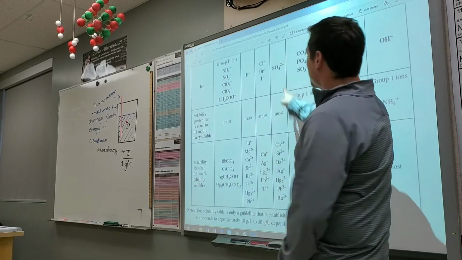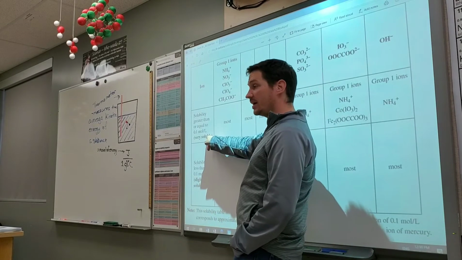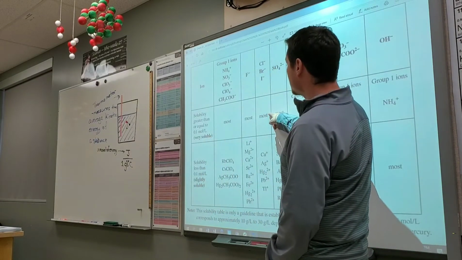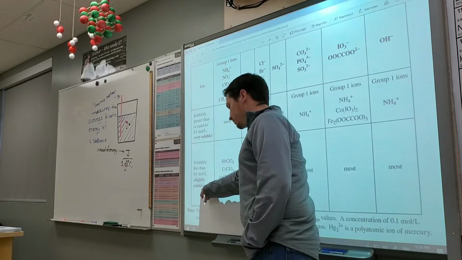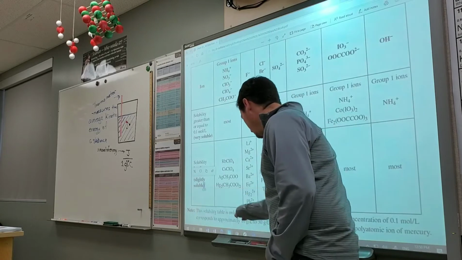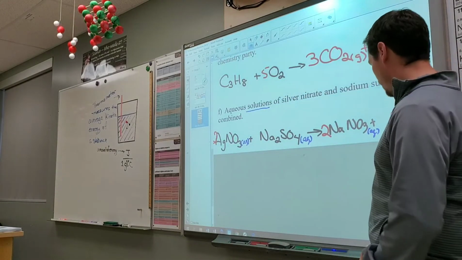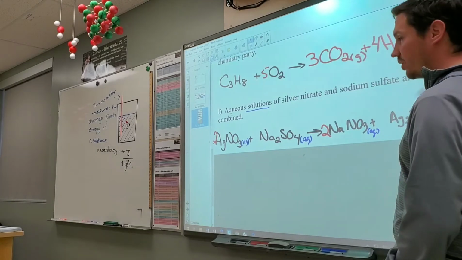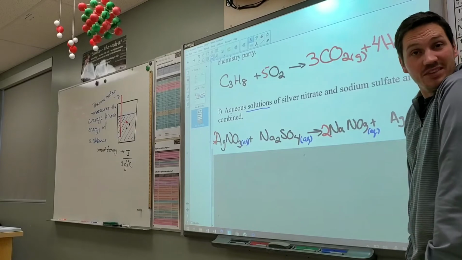And we're going to look up sulfate, and most of them are soluble, right? But do we see silver, down here? Yes. Uh-oh, then it's not going to be soluble, right? So we're going to put a big old solid attached to it. And I'd put it beside it, but I don't have any room because I'm lazy and write too big. Any questions about that?